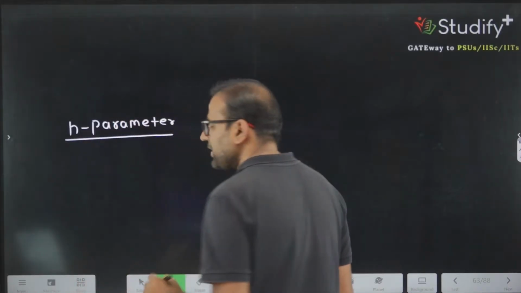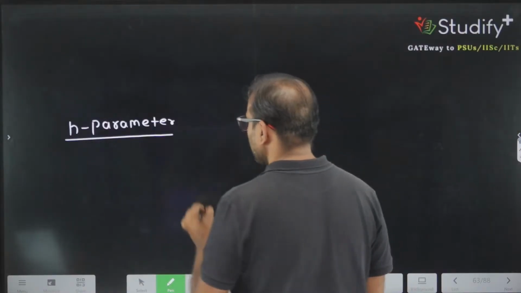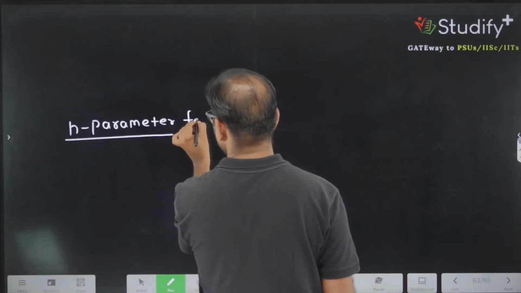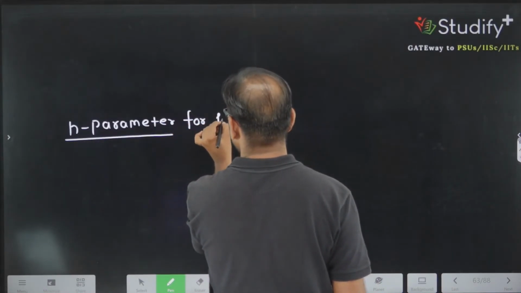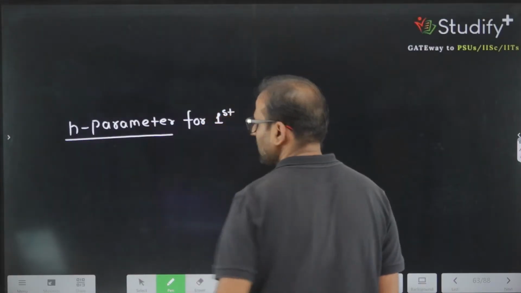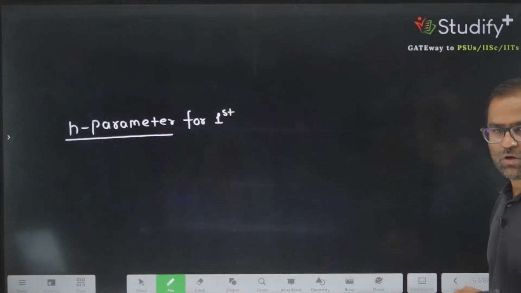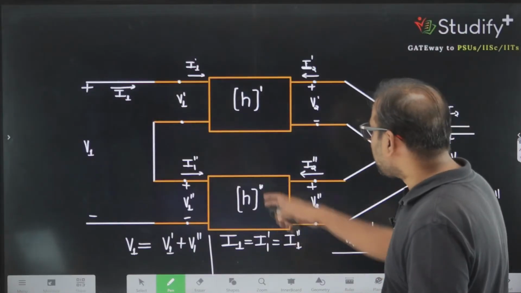The H parameter for the first two-port network, how will it look? So let's write the H parameter model.